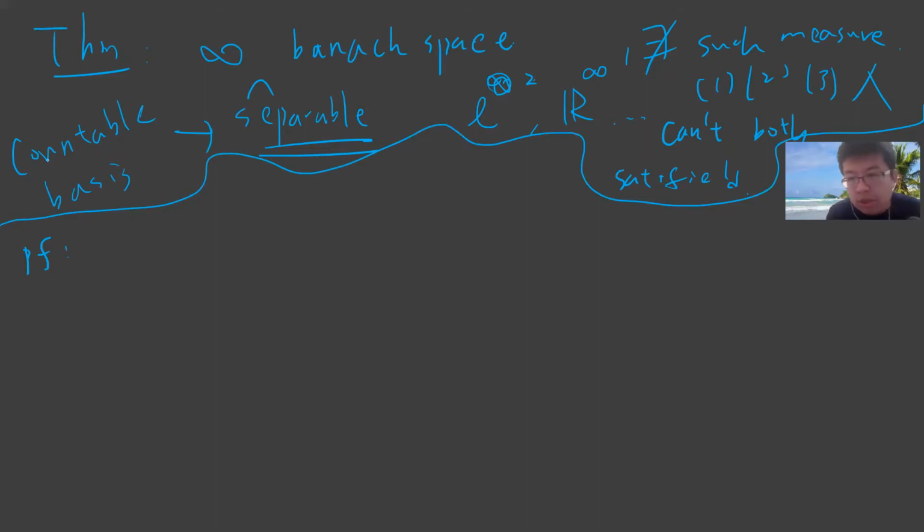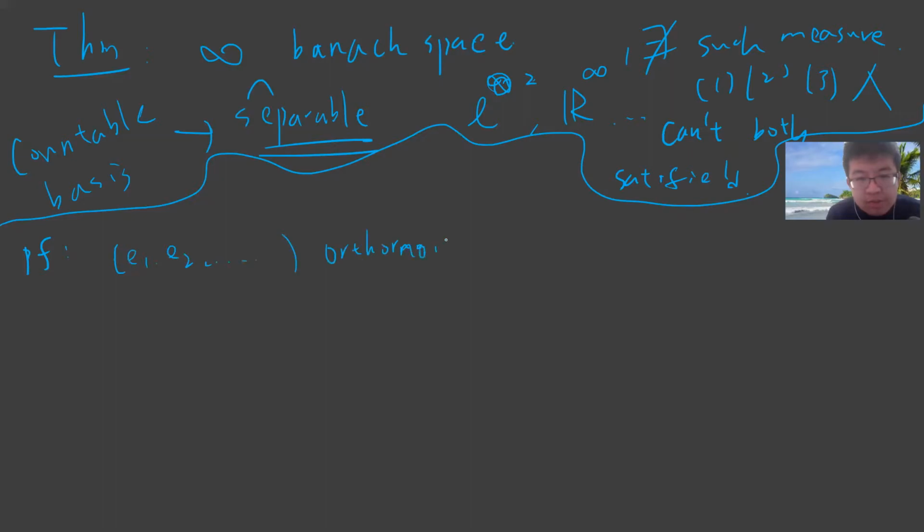The proof is not very difficult. It's separable, right? Since the space is infinite dimensional, you can imagine that locally you can choose an infinite dimensional, countable basis. For example, you can choose e1, e2, and so on to be your orthonormal basis.